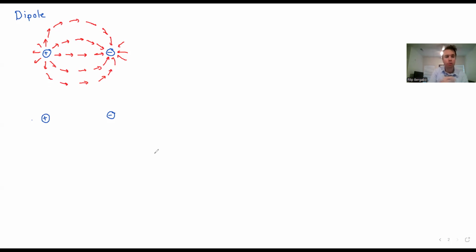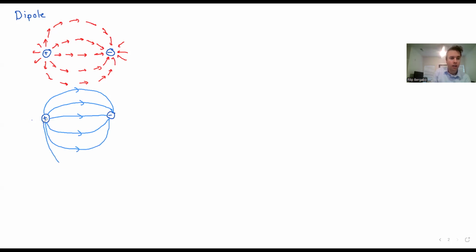So here I'm just going to draw lines along these directions, and I'm going to include the direction with a little arrow like that. So notice in this case, what we're seeing is that electric field lines begin at positive charges and end at negative charges. So it looks something like this.